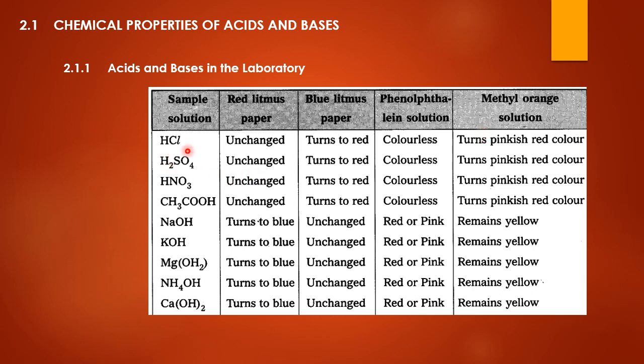HCl is acid, H2SO4 is acid, HNO3 is acid, CH3COOH acid, NaOH base, KOH base, Mg(OH)2 base, NH4OH base, Ca(OH)2, that is also base. This bracket should be here inside, before the 2.